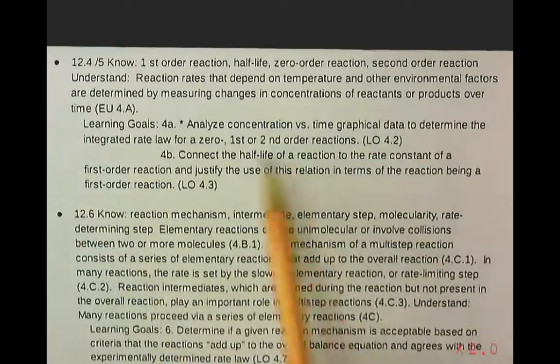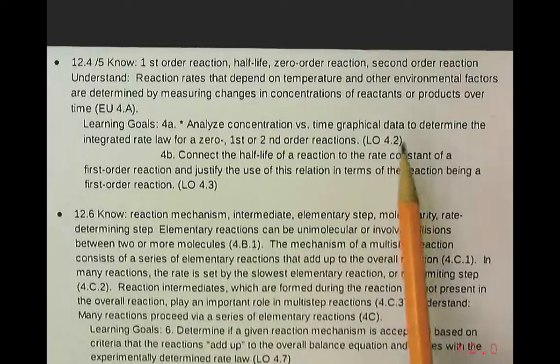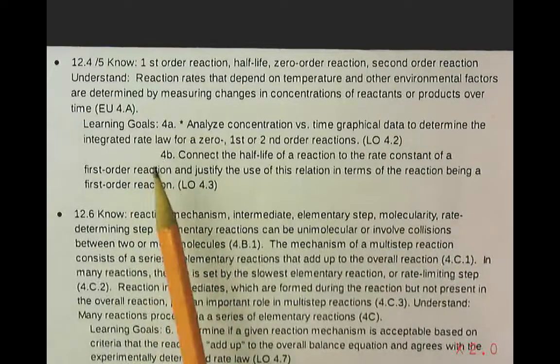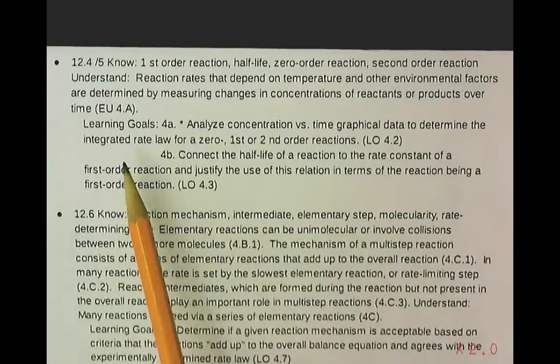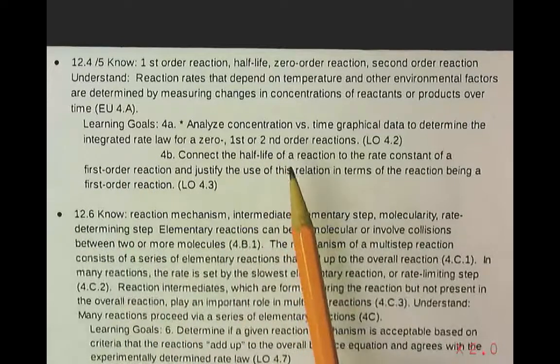So you should be able to analyze a concentration versus time graph and determine what kind of order it is using the integrated rate law. Okay, so is it zero order, first order, or second order?